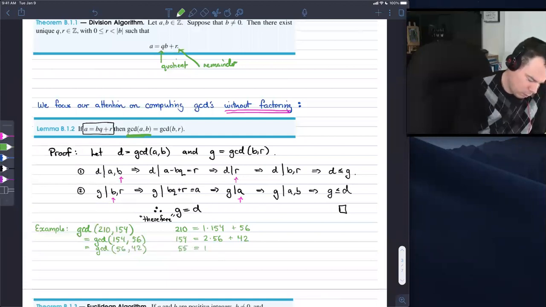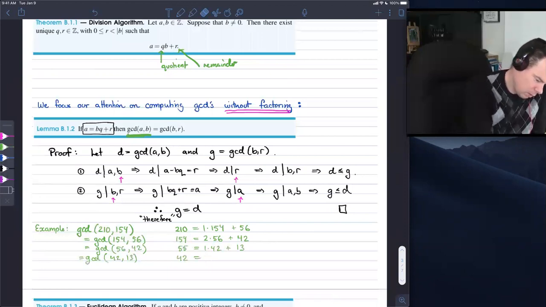56 is 1 times 42 plus 13. So this is equal to the GCD of 42 and 13. And then I keep going. 42 is, let's see, what is it?